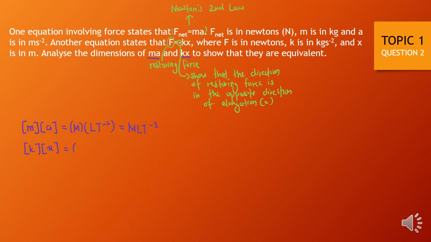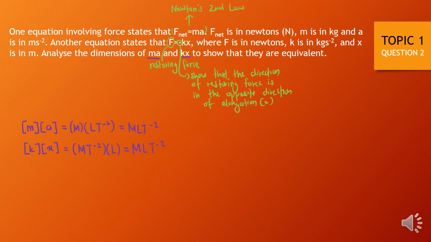Therefore, converting it to dimension, kg is the SI unit of mass, so that is mass. And then second is the SI unit for time, so we have mass and time to the power of -2. And x is in meter, meaning that it is in elongation, it is a length, so this is L. So we have mLt to the power of -2 as well.